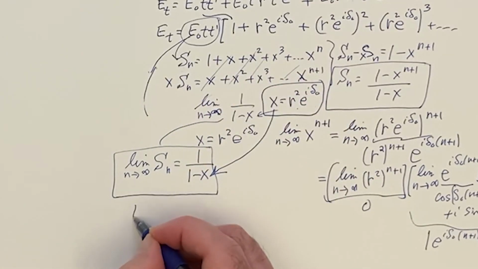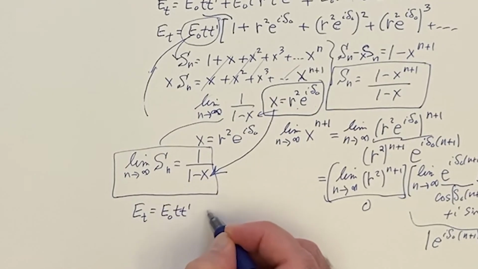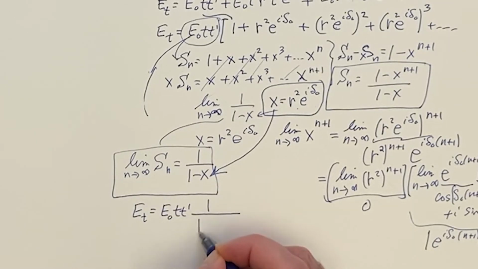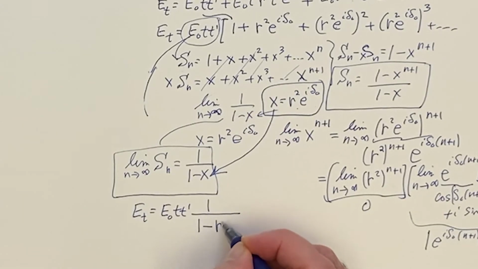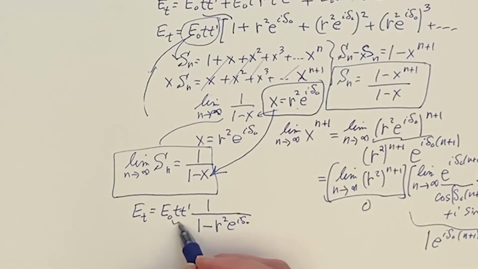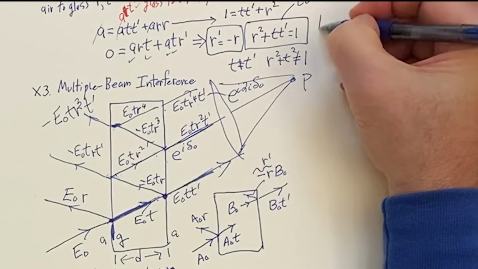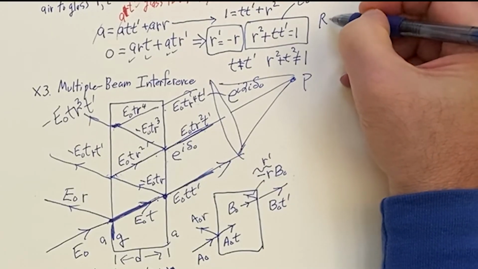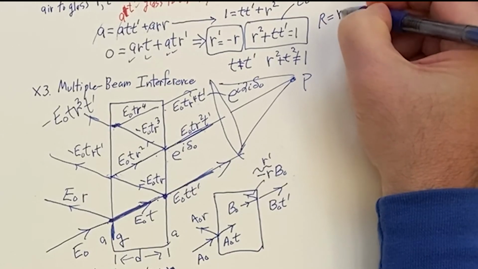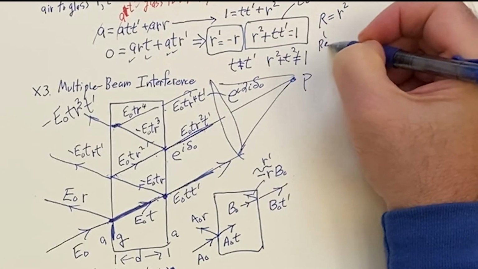So that means what we get for Et is E naught t t prime, and then 1 over 1 minus, and here comes the x, the r squared e to the i delta naught. Okay, that's the formula. We're going to use the fact that t t prime is equal to 1 minus r squared. But remember, the actual reflection is given by r squared, so the coefficient of reflection, to get the reflectance, all right?